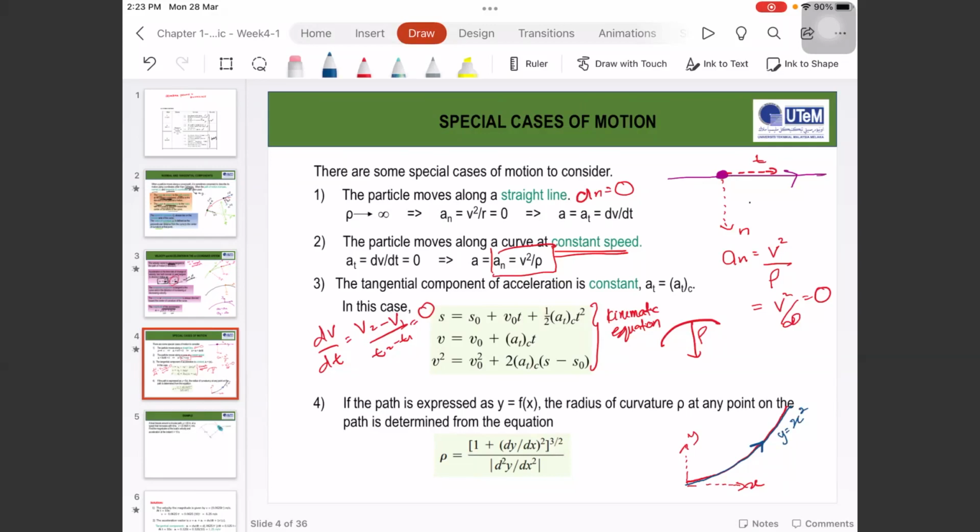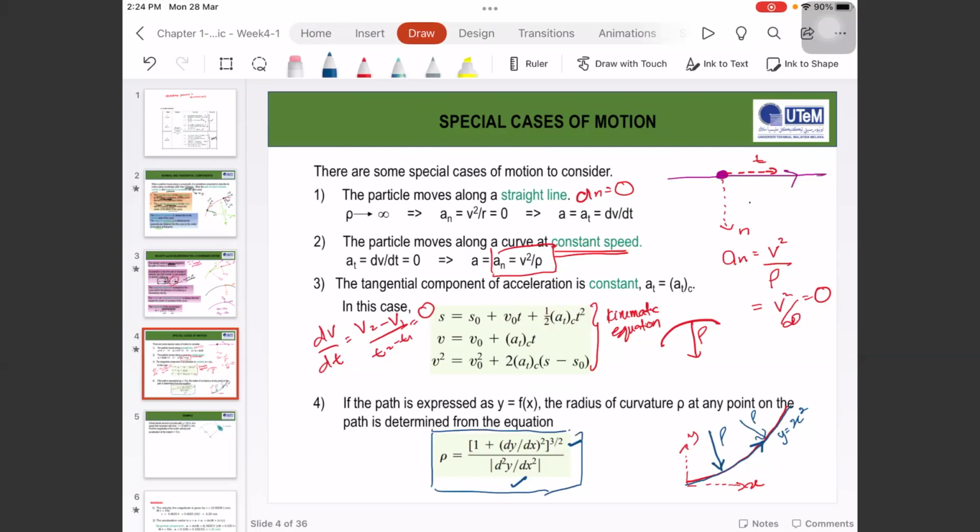So what is rho? You can use this equation: rho equals 1 plus dy dx squared, to the power of 3 over 2, over d squared y over dx squared, which here is 2, from differentiating y twice. The rho here is different; for this you use the equation.